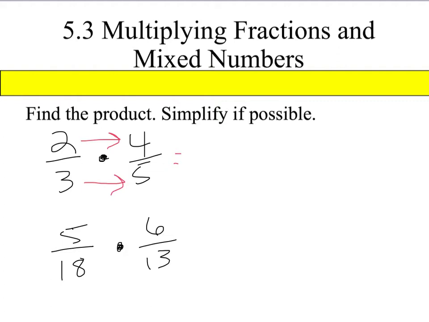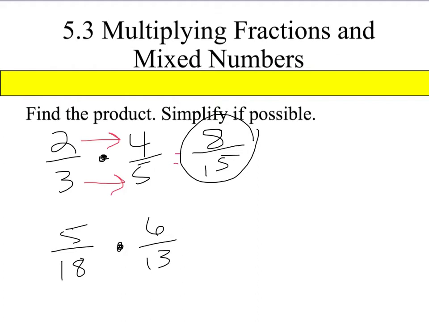So when I multiply this, I'm going to multiply straight across. 2 times 4 is 8 over 3 times 5 is 15. And notice when I do that, because there wasn't a common factor between those numbers, my answer is already in simplest form, which is 8/15. Excellent.